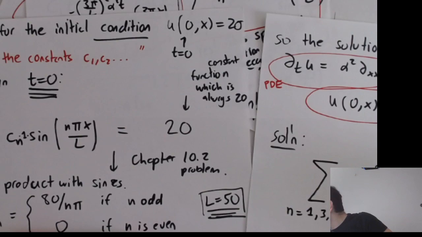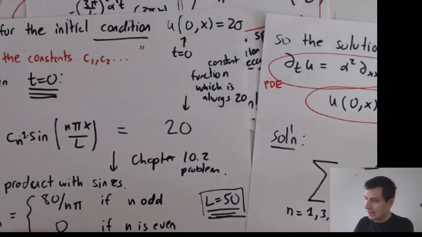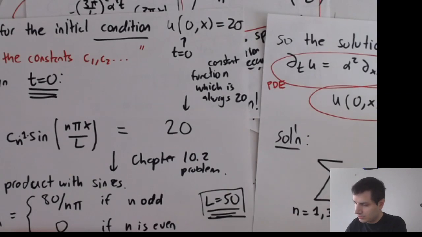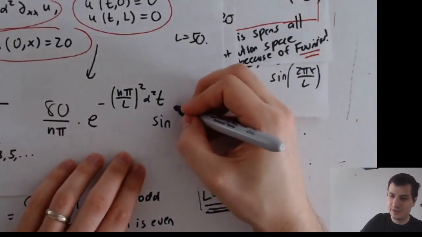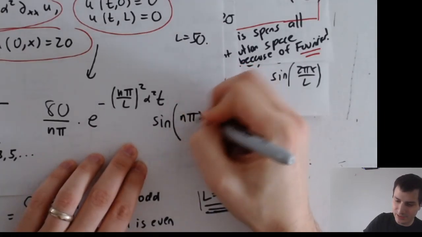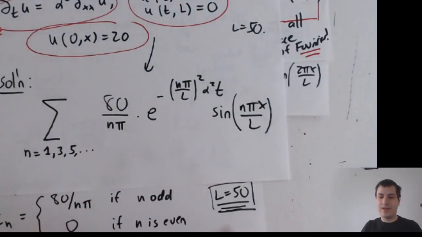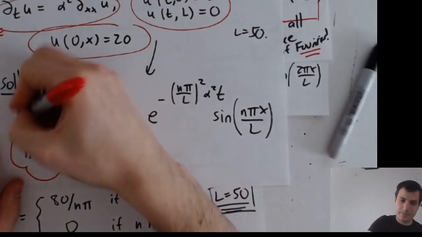I think we did alpha equals 1. No, they just left it as alpha. That's fine. Alpha squared t times the sine of n pi x over L. So there you go. That was the solution to the problem.